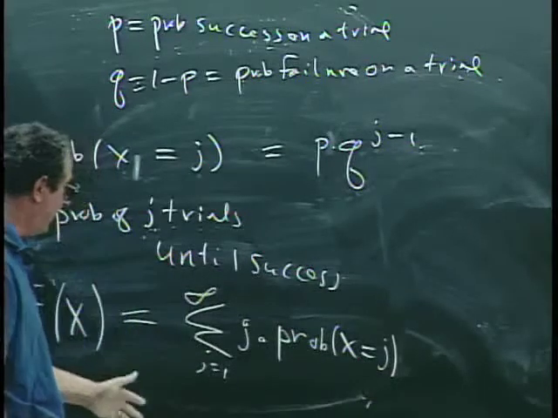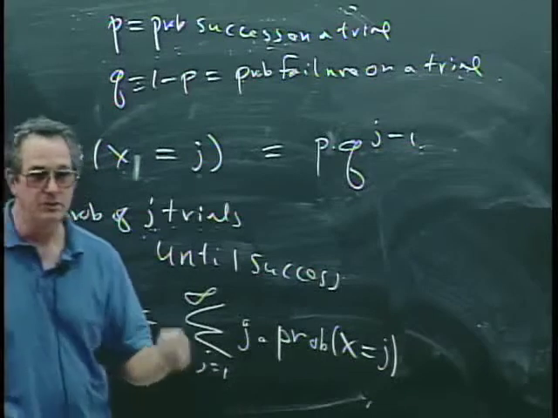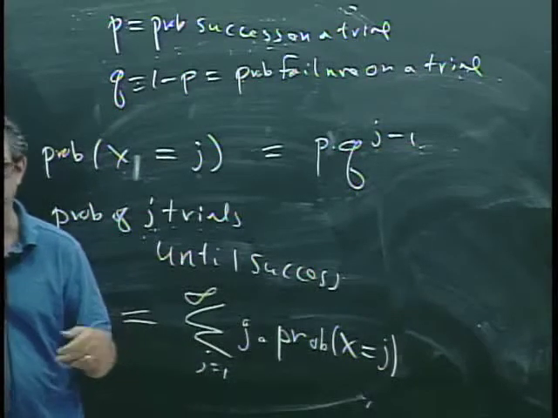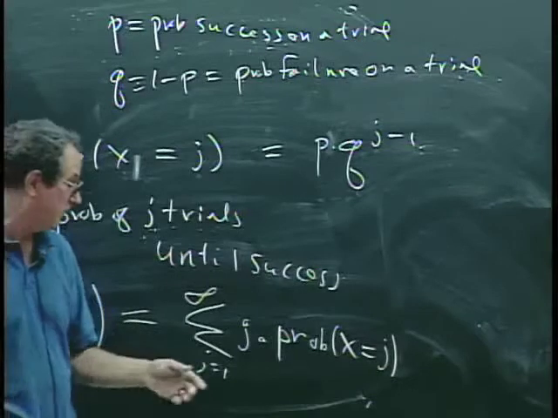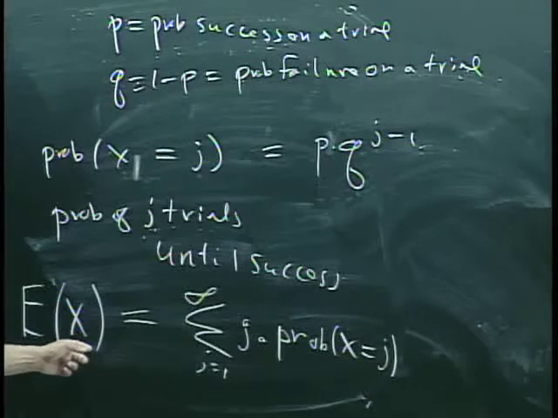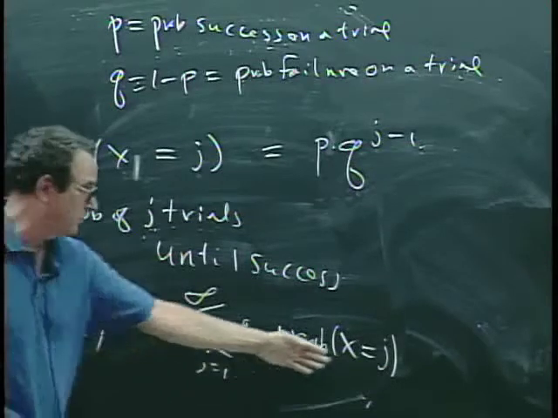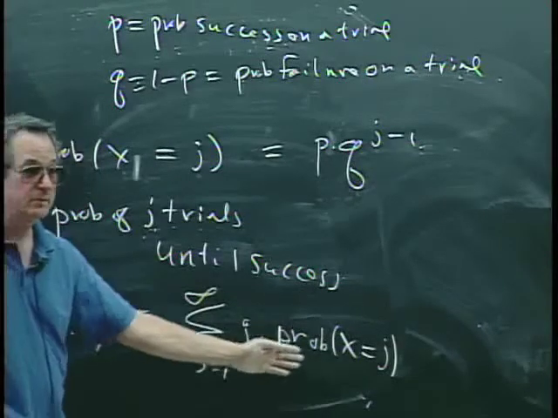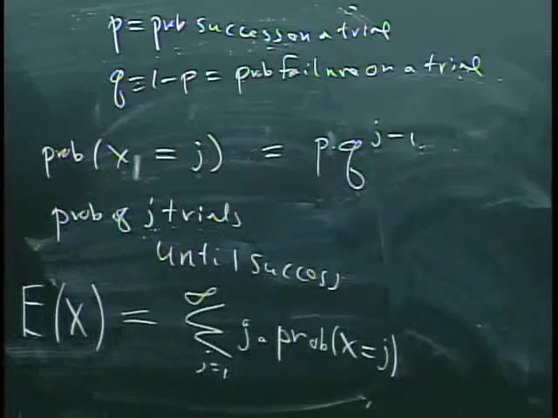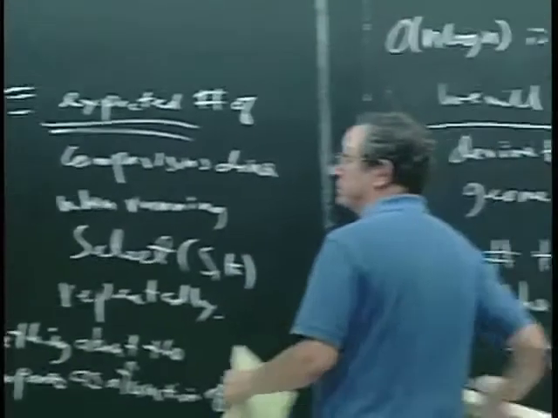And so you don't actually have to do the physical experiments repeatedly to find out what the expected value of this random variable is. You can work it out analytically. Sometimes you can't solve this, but we will be able to solve it in this case.